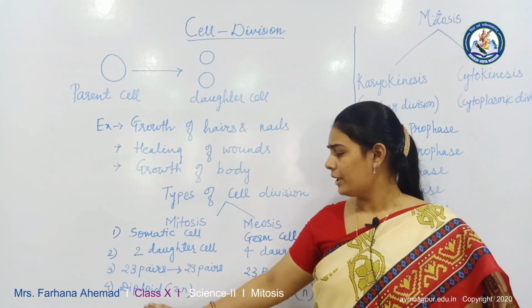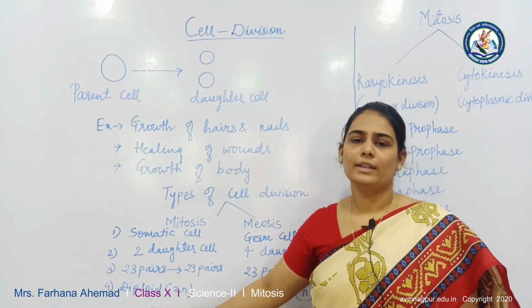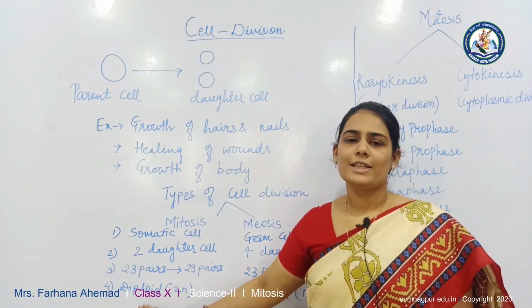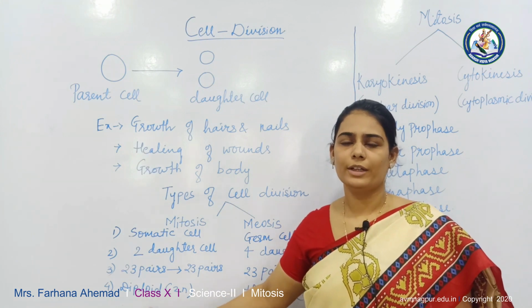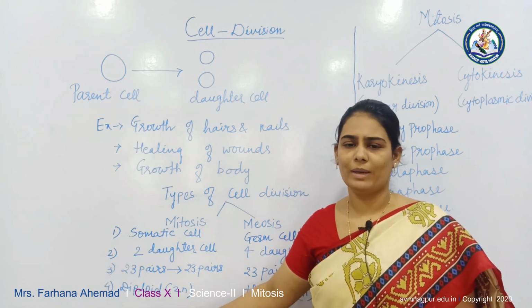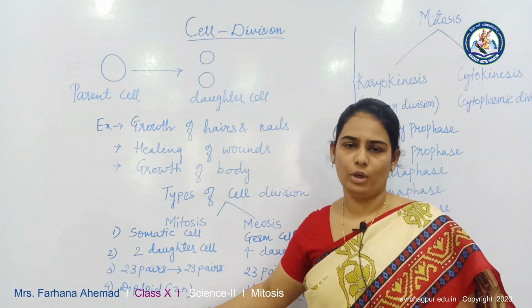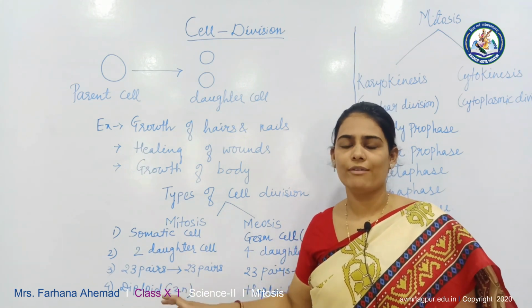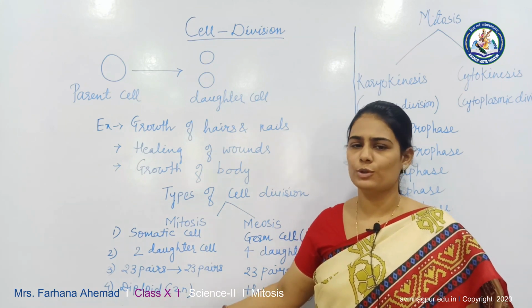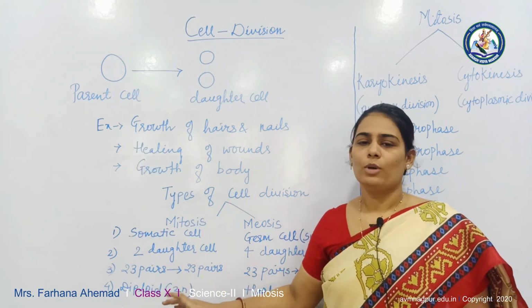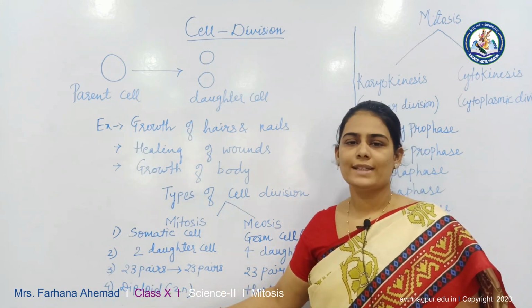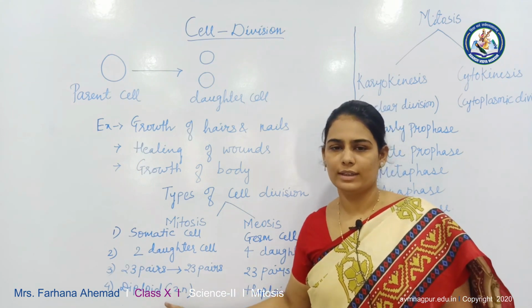difference is diploid. The chromosomes present in pairs, 23 pairs in a somatic cell, are in a diploid condition. Now what do we mean by diploid? Diploid means the cell has 23 pairs of chromosomes. That type of cell is called a diploid cell, or in 2n condition.